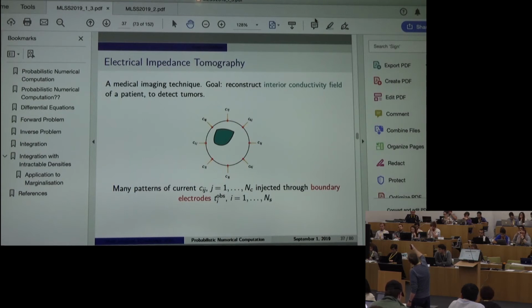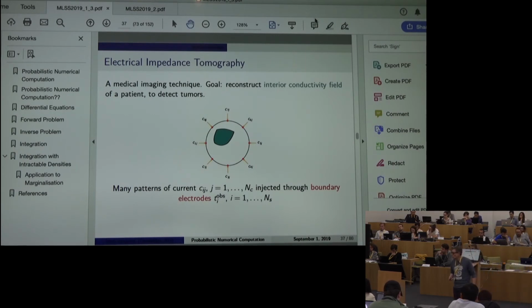On the surface of the body there are a number of electrodes on the boundary, and they pass a current at that particular location through the domain of the body.